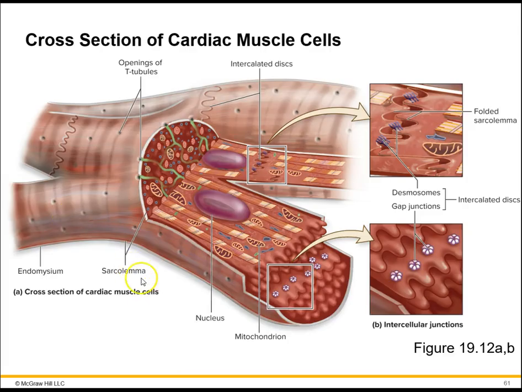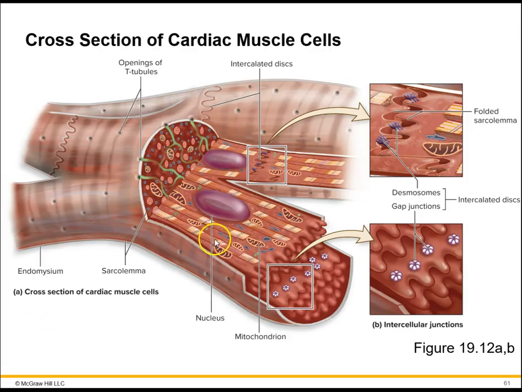Here's a cross-section of a cardiac muscle cell, and you can see this is one cell. You can see how it branches here, and it has two nuclei in it. This is the sarcolemma, or the cell membrane, and you can see it invaginates and forms these channels called T-tubules, which dive into the cell towards the sarcoplasmic reticulum.